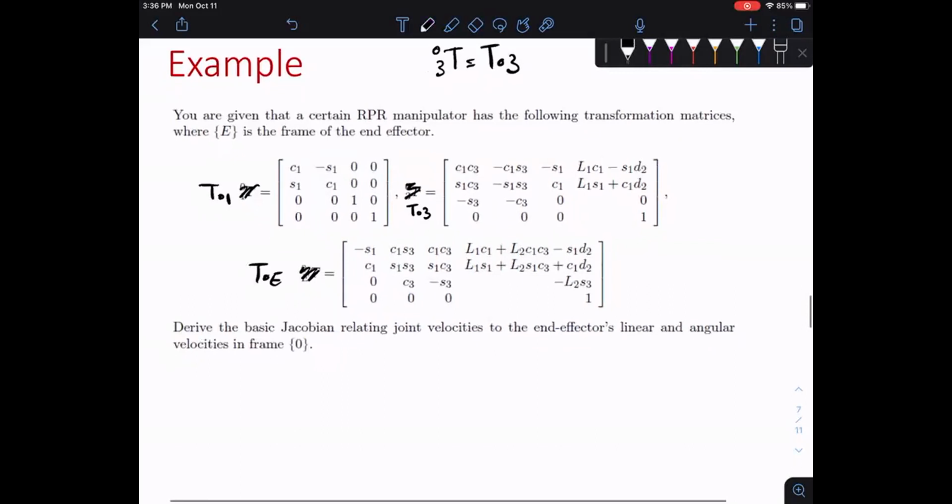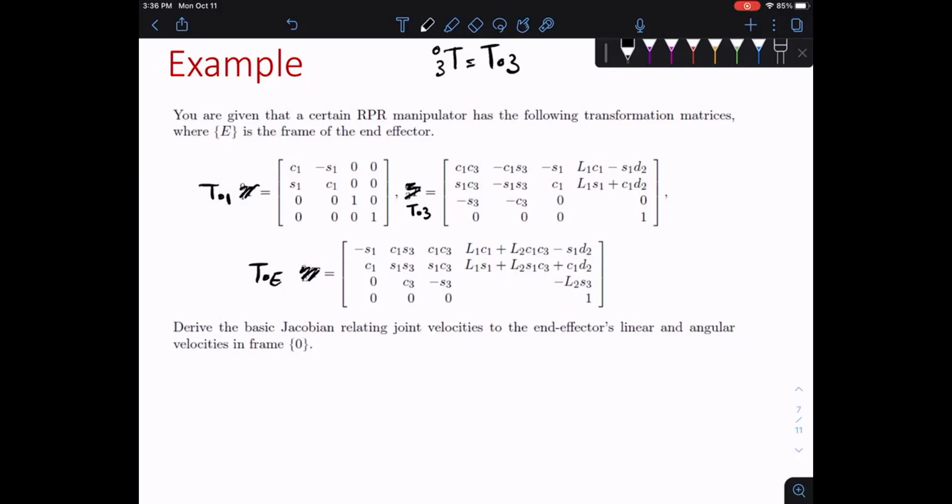All right, let's say you're given a certain PRP manipulator, but you don't see the configuration. But you know what the transformation matrices are, and frame E is the frame of the end effector. We want to derive the basic Jacobian that relates joint velocity to end effector linear and angular velocity in frame 0.